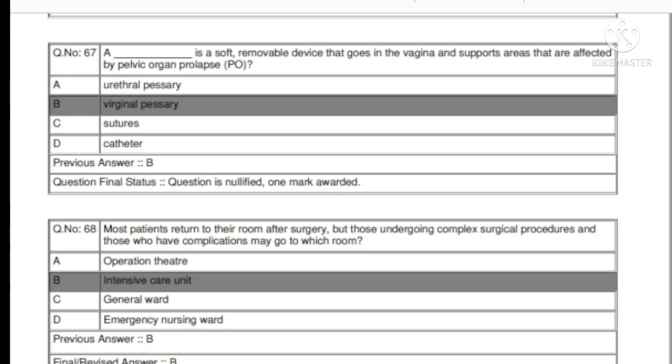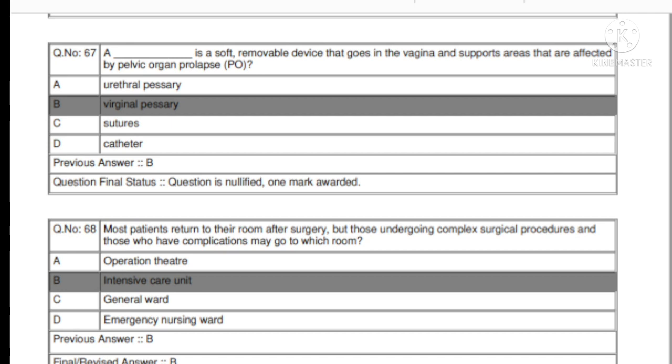Question number 67. A dash is a soft, removable device that goes in the vagina and supports areas that are affected by pelvic organ prolapse. Urethral pessary, virginal pessary, sutures, catheter.